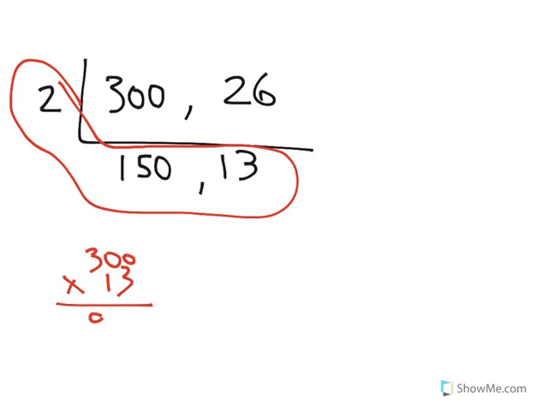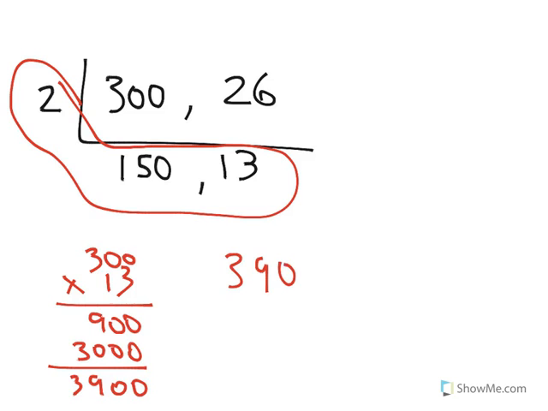So this is going to be 900, and then I have the 0 there, and then this is going to be 300 there. So my final answer is going to be 3,900, and that is what the least common multiple of those two numbers is. It's a pretty big number, but that makes sense because they only share one factor, and that's 2.